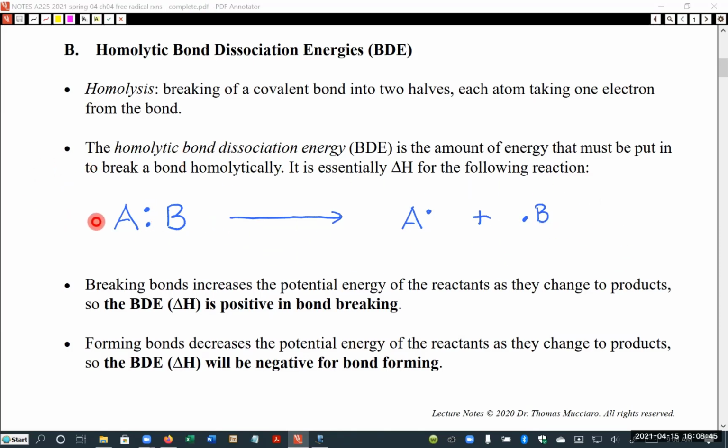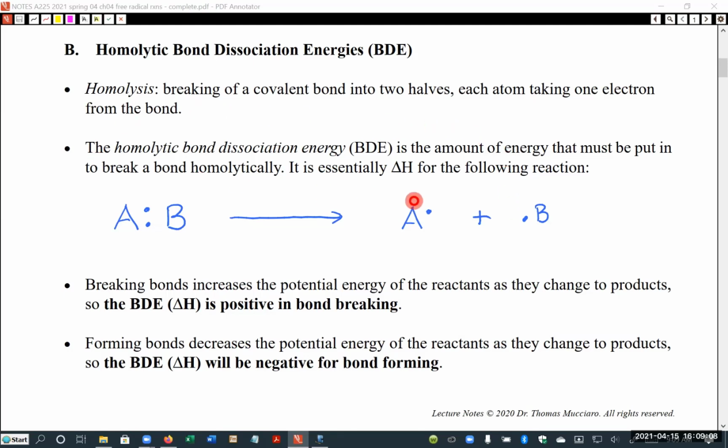It turns out then, in theory, if we could do this reaction, we could measure the amount of energy that we would have to put in in order to break this bond. That would actually be delta H for the reaction. How much effort do we have to put in to break that bond?